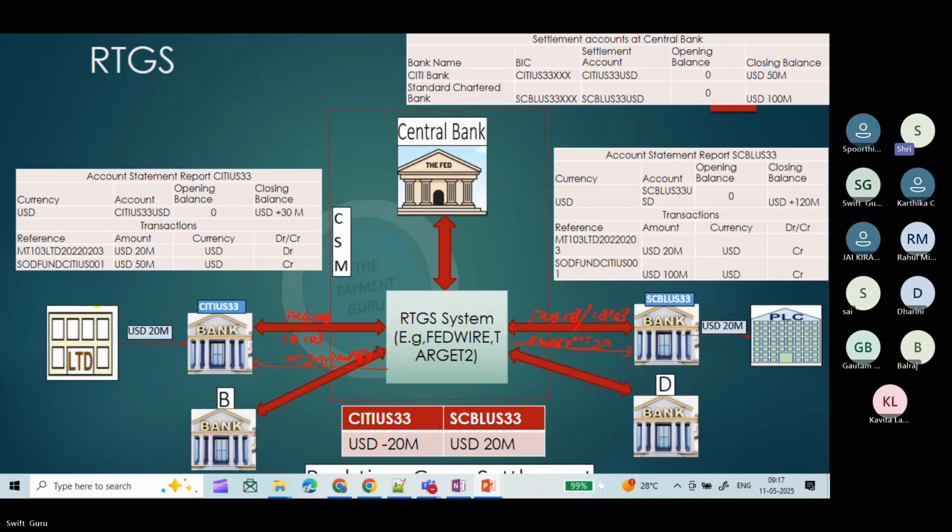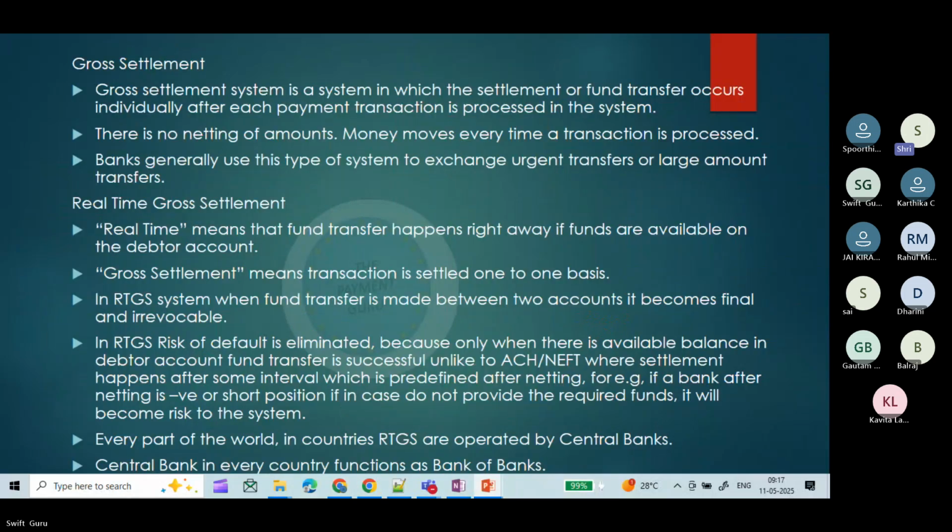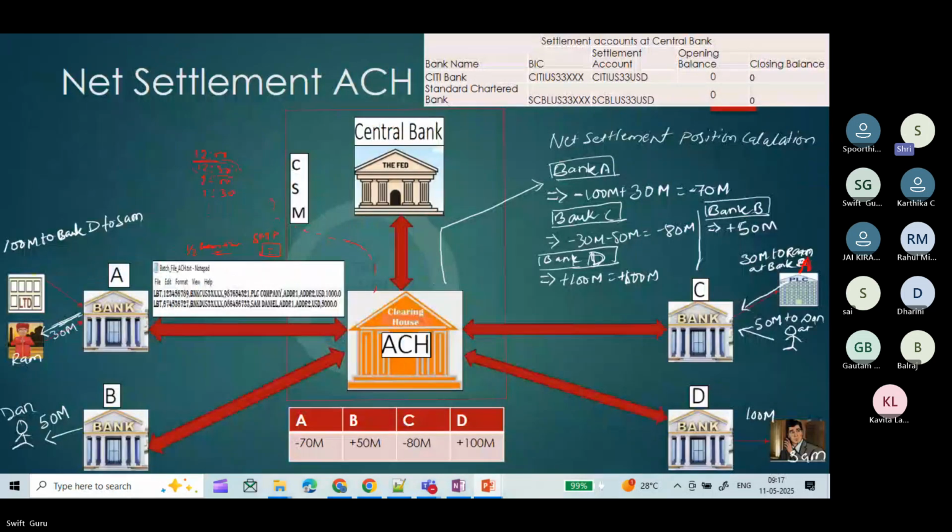Could you just repeat that again? With RTGS there is a balance maintained at the central bank, and from that it is deducted or used. And with ACH, what happens with the settlement? Here, there is no balance to be maintained as such.